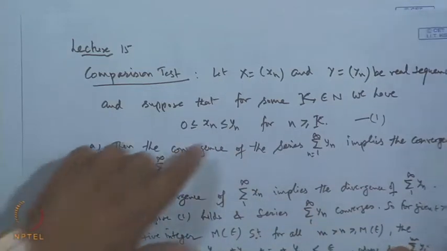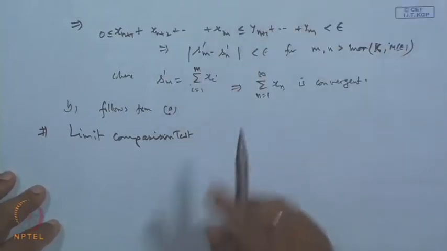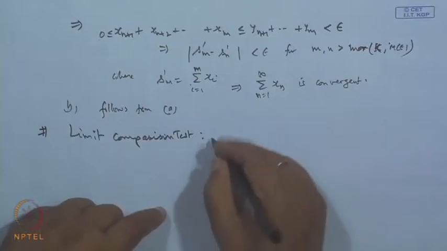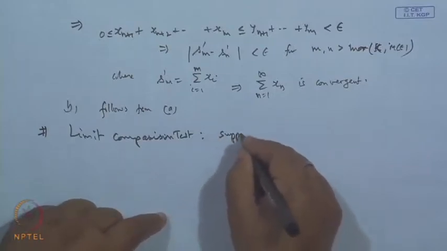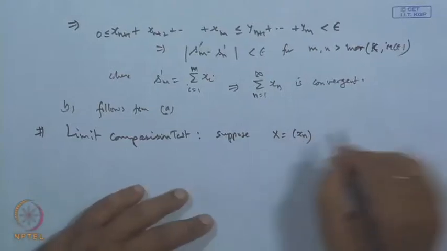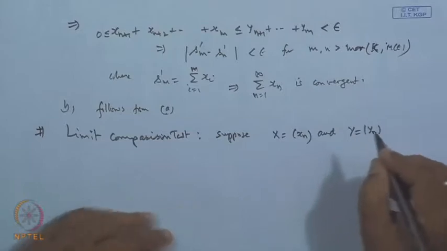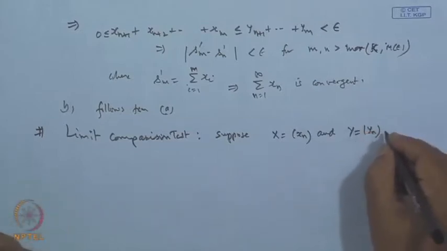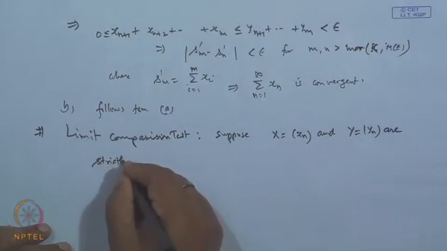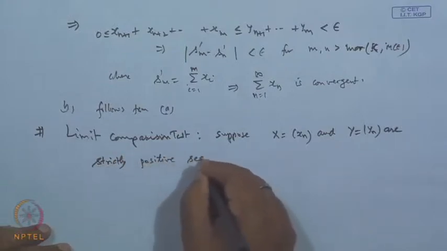So, what we have is slightly modified, and a simpler form is given, which is known as the limit comparison test. The test says: suppose x, which is x_n, and y, which is y_n, are strictly positive sequences of real numbers.